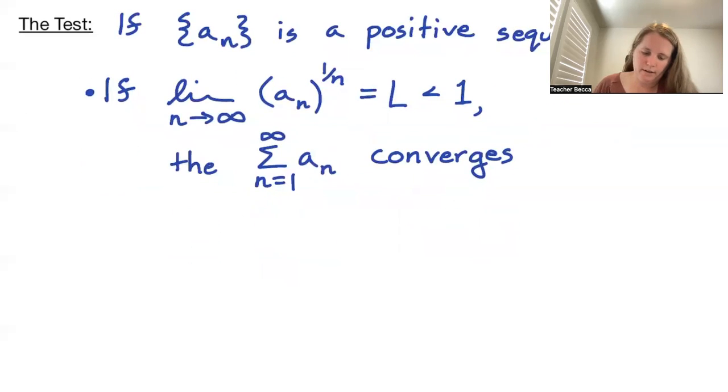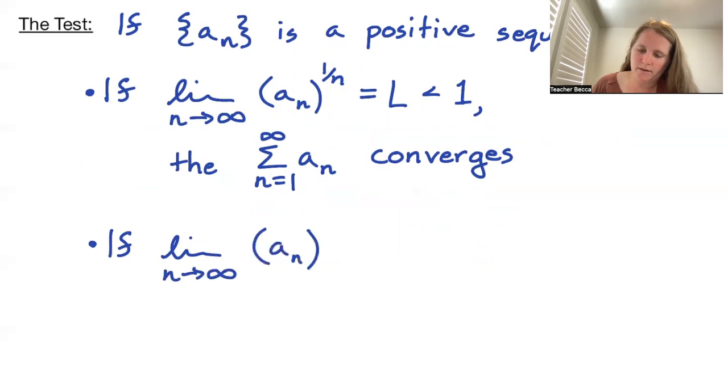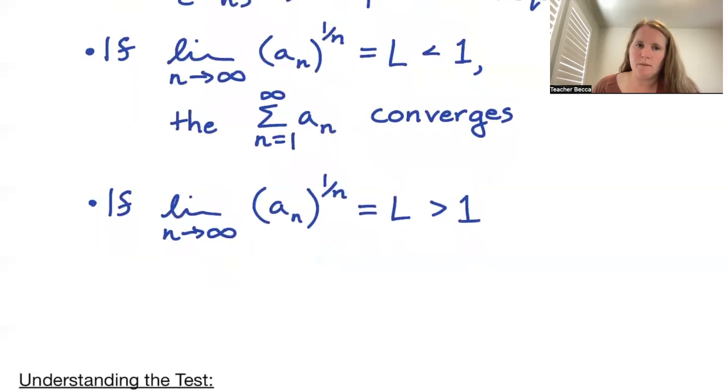On the other hand, if the limit as n goes to infinity of a sub n raised to the 1 over n exists and is greater than 1, then we have the series diverges.